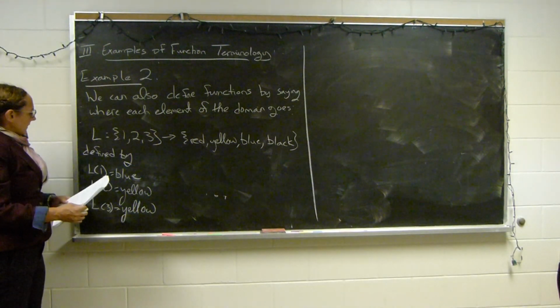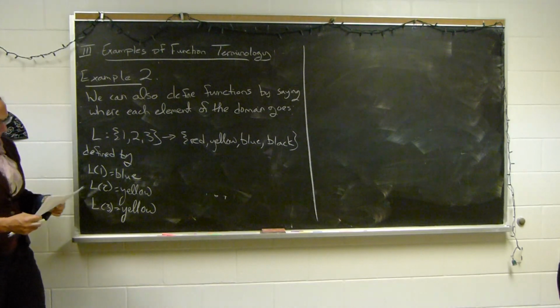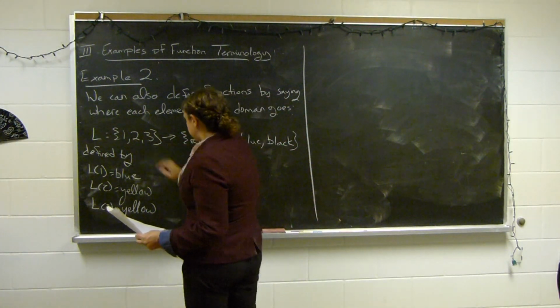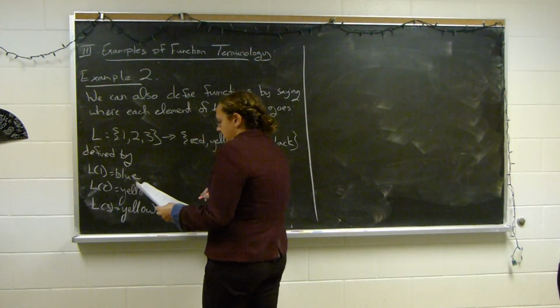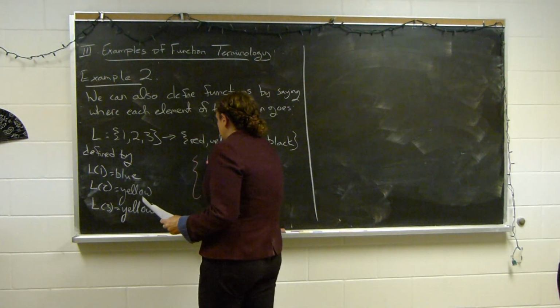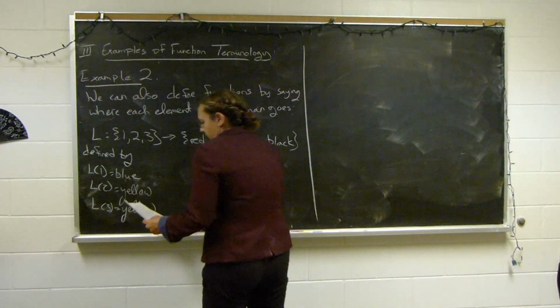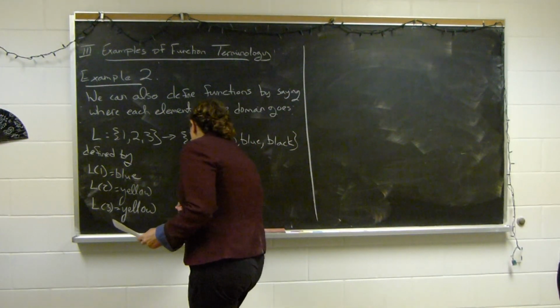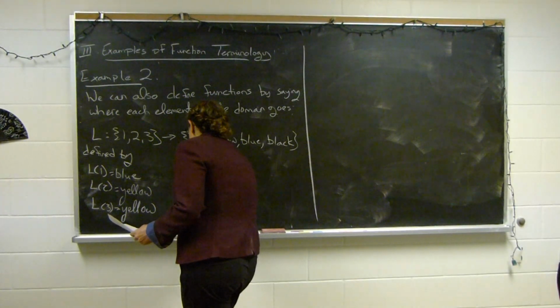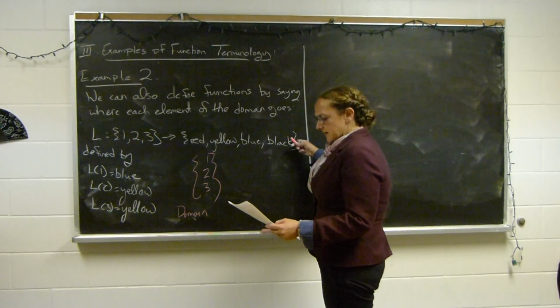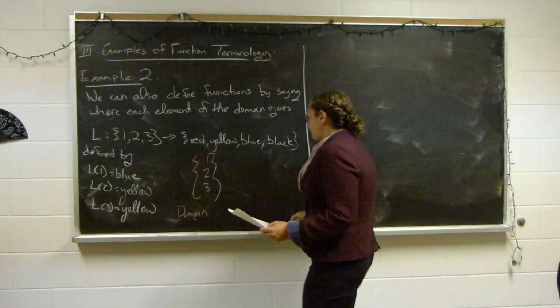And so in my picture here, if I think about this, I have my domain. So this is my domain. This might feel a little funny, but I have a set 1, 2, 3. This is not normal set notation, but that's what we're going to do. So the domain is over here, and this is going to be our codomain.